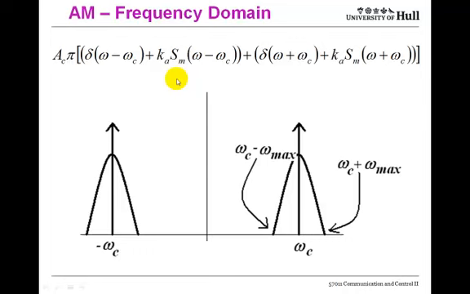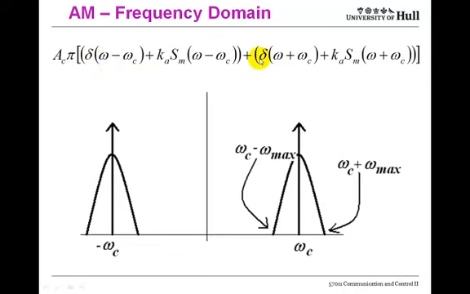This big expression at the top is just a way of describing the four components you see down here. Firstly, the two delta functions at carrier frequency and minus carrier frequency. This is the delta function at the positive carrier frequency. You can see the bracket goes to 0 when the omega is equal to the positive carrier frequency.